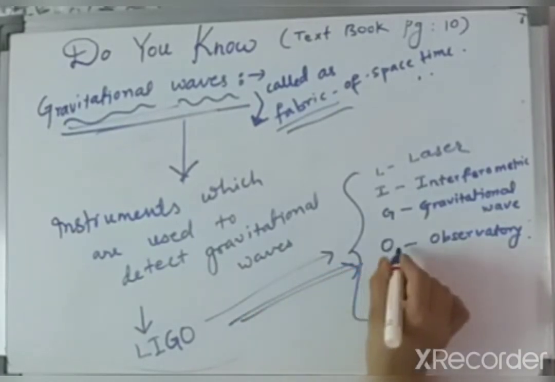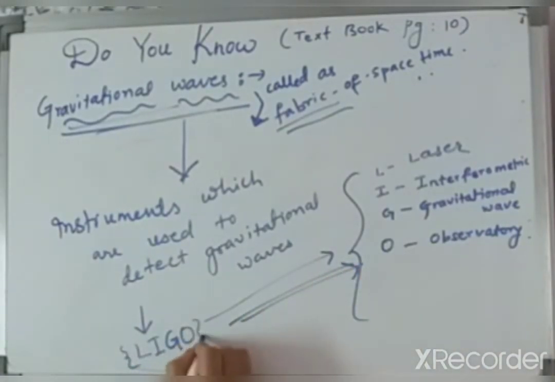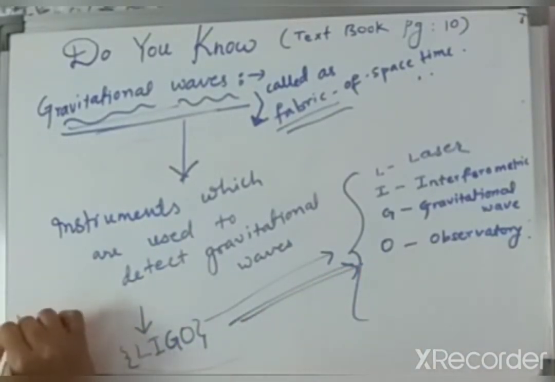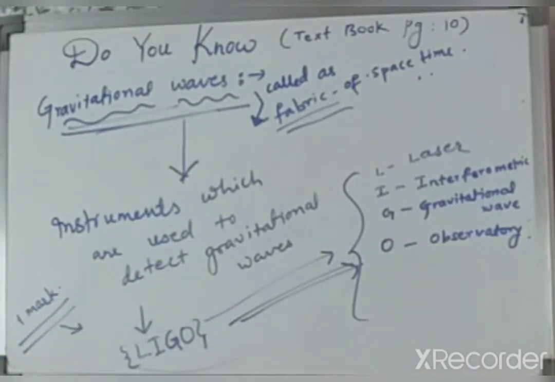Remember this long form as well as this abbreviation. It can be asked for 1 mark in multiple choice questions. Either in select the correct option or correlation, such type of questions can be asked, or true or false, or directly a question can be asked for 1 mark for write the long form of.